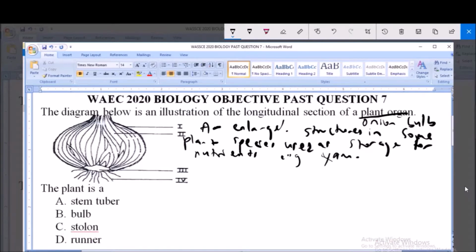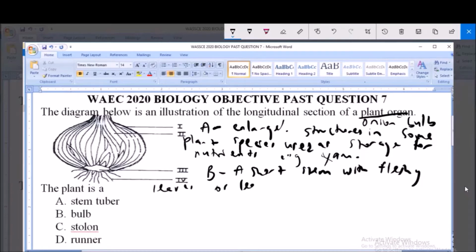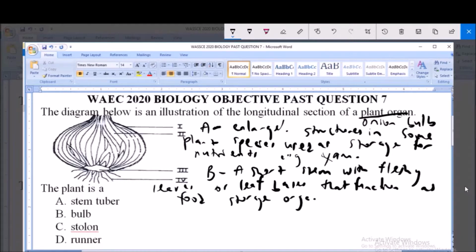Now option B, which is bulb, is a plant with a short stem with fleshy leaves or leaf bases that function as food storage organs.